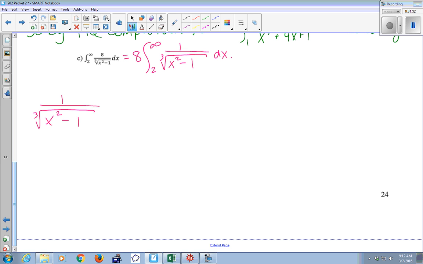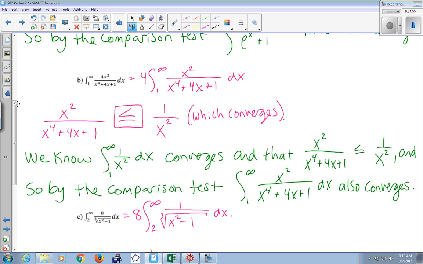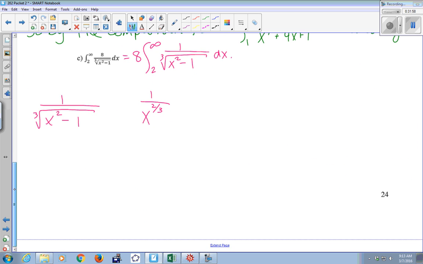What do you want to choose? One over x? Any other thoughts? 1 over x to the 2/3. I like it. Yeah. Same kind of argument as up here when we dropped the plus 4x plus 1, I'm going to drop this minus 1 because it doesn't make much of a difference when x is really, really big, because I'm integrating from 2 to infinity.